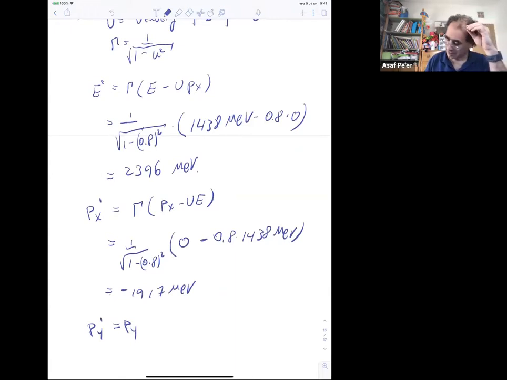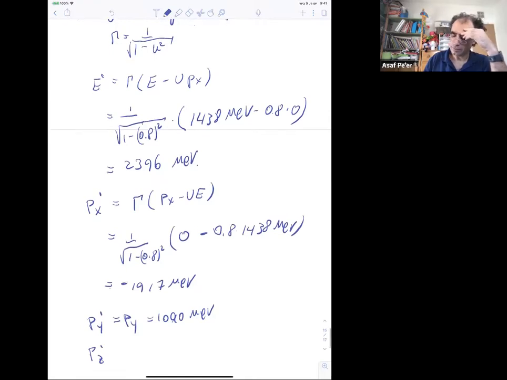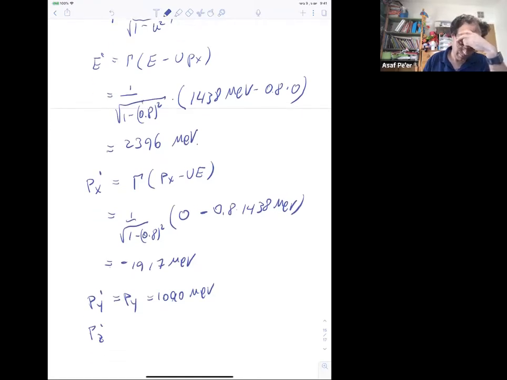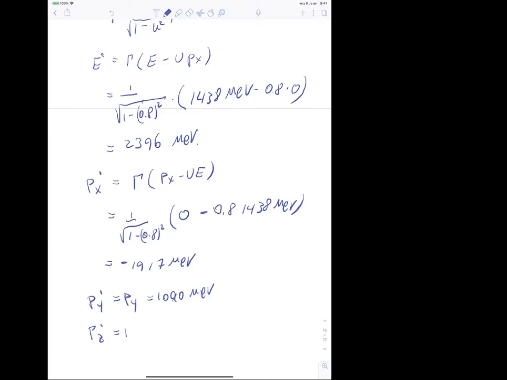So this is just 1090 MeV. And what is the momentum in the z direction? Oh, I'm running out of time. What is the momentum in the z direction? 0. Exactly.